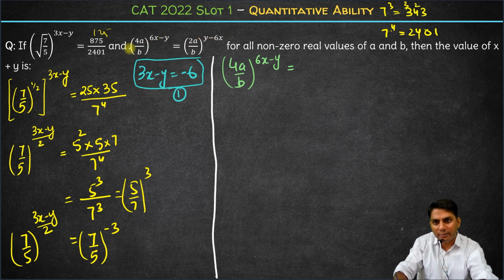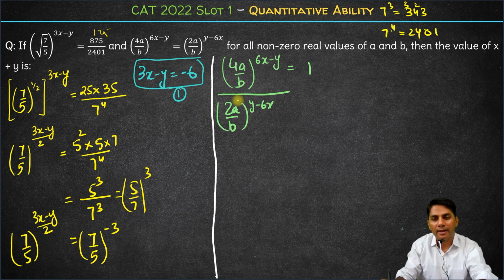So let's divide both the sides with this whole expression. The right hand side becomes 1, the left hand side becomes 2a upon b raised to the power y minus 6x. Now you have this whole thing in the denominator, so we can write this as 4a by b raised to power 6x minus y as it is.